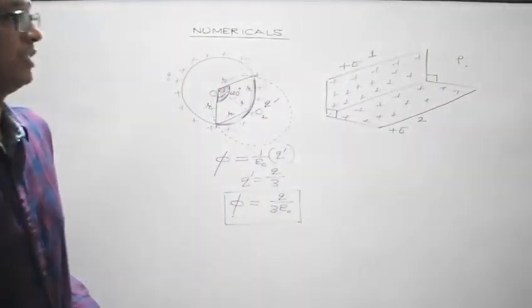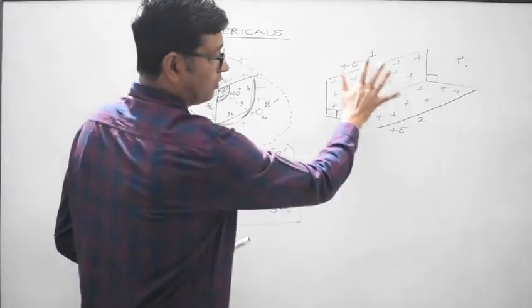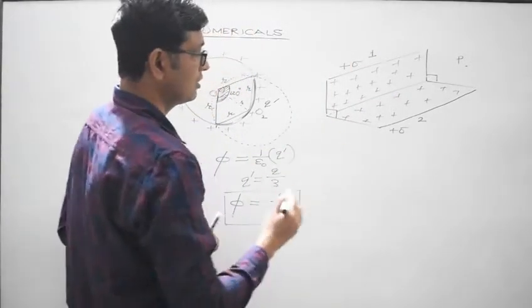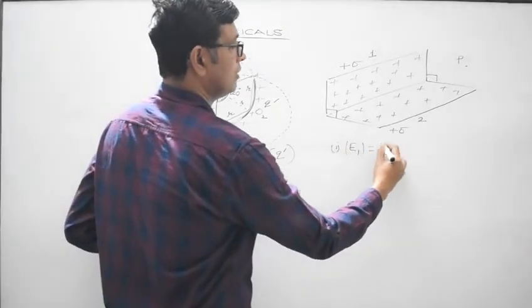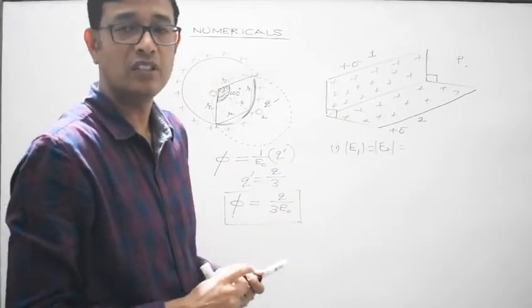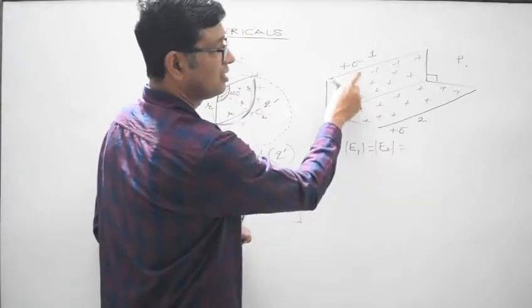Now look, it's a very, very interesting case, right? In order to solve this question, we need to have some previous knowledge, right? First is electric field, as we are aware, due to a plane sheet of charge is independent of the distance of the observation point. And here the charge densities are equal.